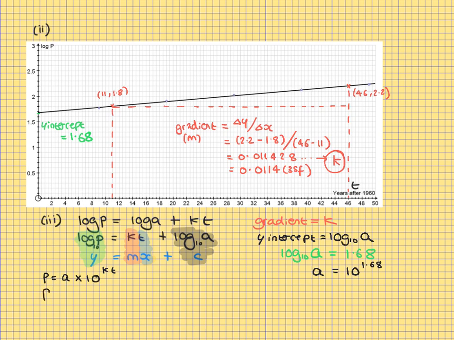So we can now write p equals a, which is 10 to the power of 1.68, multiplied by 10 to the power of 0.0114t. We might potentially be asked to combine these two terms, so 10 to the 1.68 plus 0.0114t overall. But both versions are indeed correct.